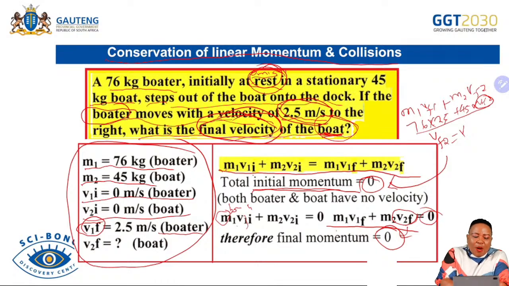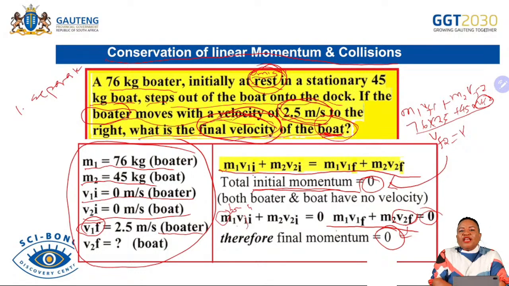I normally say, if you are done with the conservation of linear momentum, you must deal with all the scenarios included in it. Sometimes you'll find two objects collide, and after collision they separate. Or sometimes two objects collide and move together.